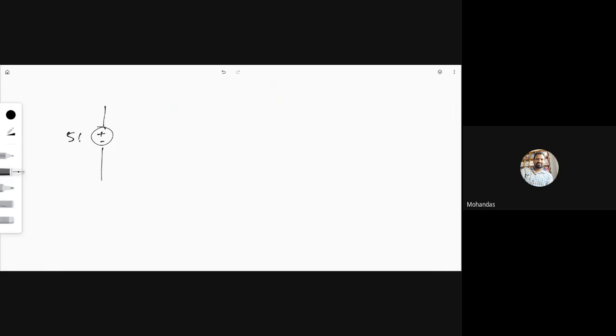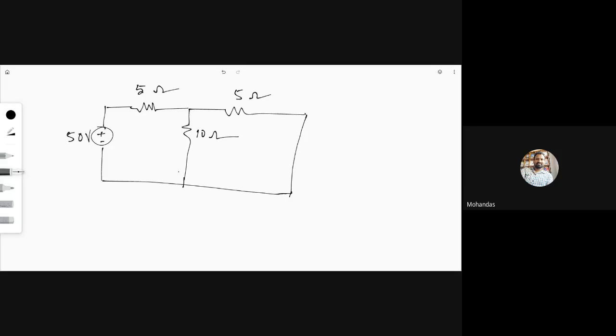Plus minus the 50 volt source, the 5 ohm resistor, the 10 ohm resistor, and here again a 5 ohm resistor. We don't know the currents actually. By using KCL, KVL and Ohm's law, we calculated the current from the source. How much current is coming? 6 amperes.